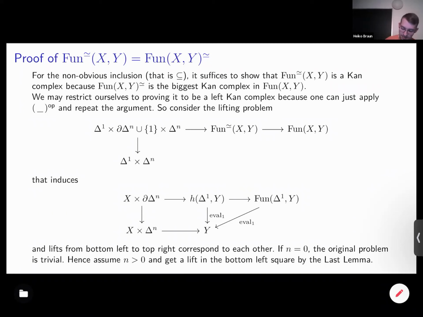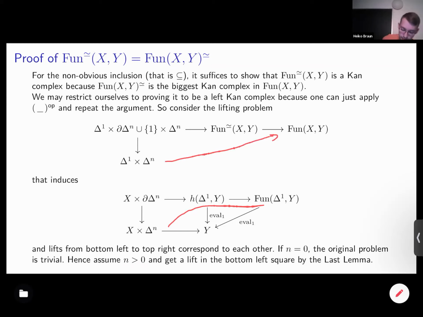And using that, we can show that here the lift exists, in this case when n is bigger than 0. Now we have this lift and we are almost done. We now need to check that given this lift, we of course also have a composition to here. And this first just corresponds to this guy.